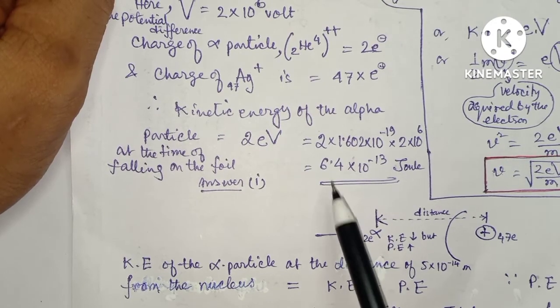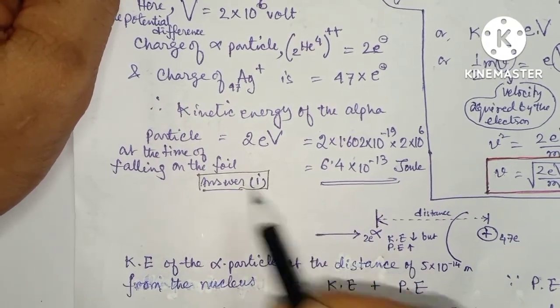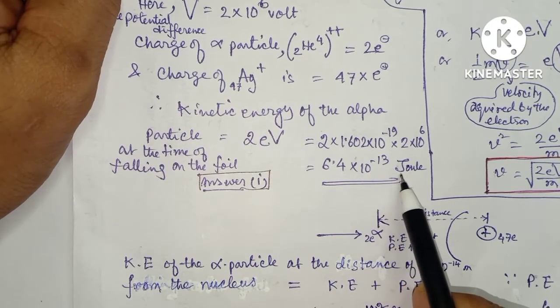So we get the first answer, 6.4 into 10 to the power minus 13 joule.